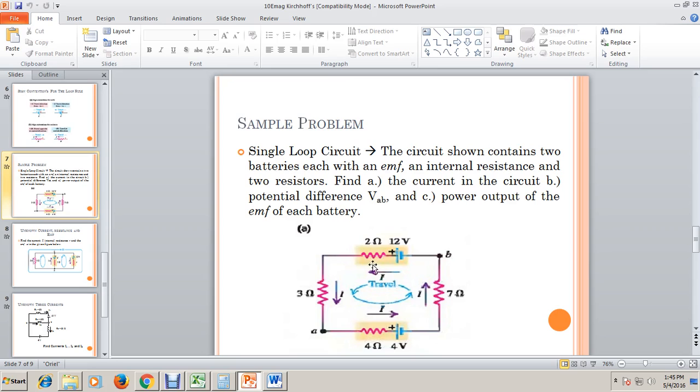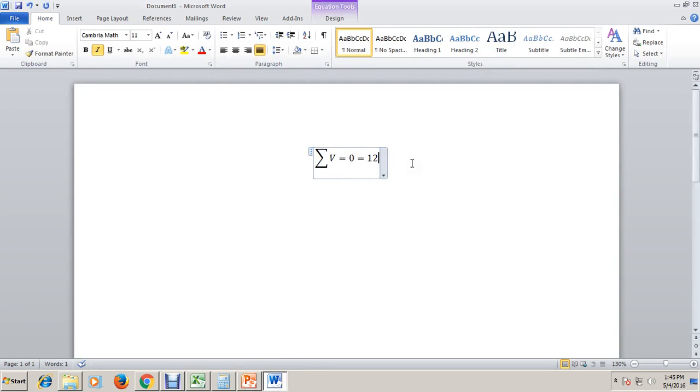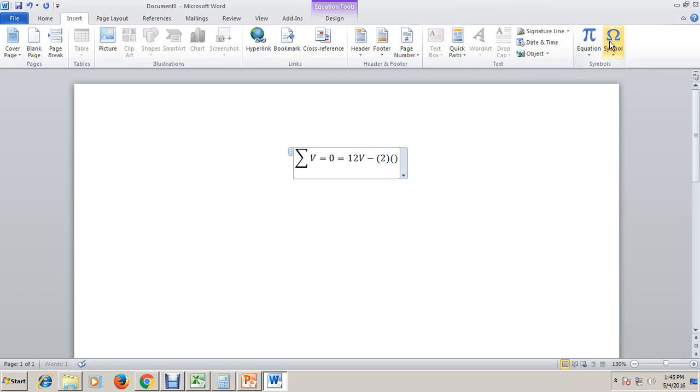So the voltage for the 2 ohm resistor would be negative. In our equation, this is 12 volts, minus the voltage for the 2 ohm resistor, which is represented by the IR term. So this is 2 ohms multiplied by our current, which is assigned as I. Remember, this is your IR term.